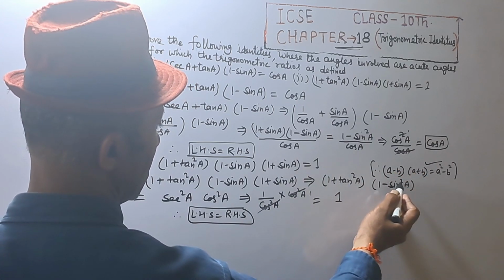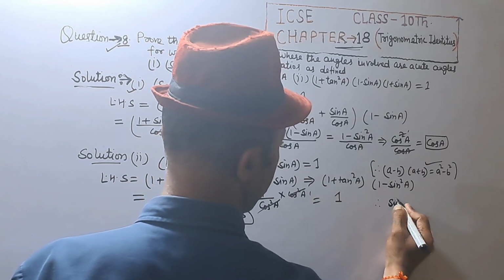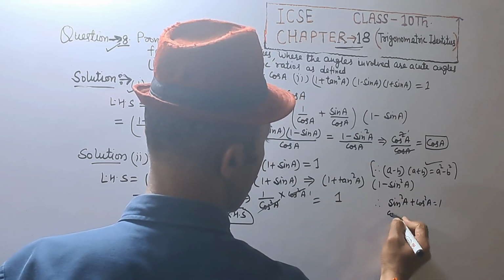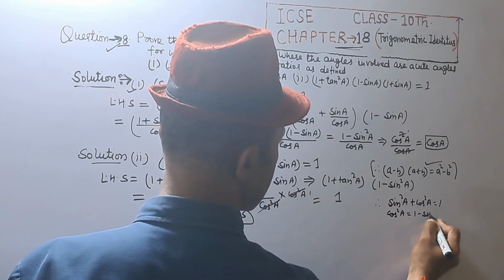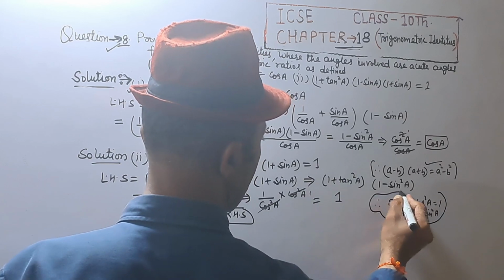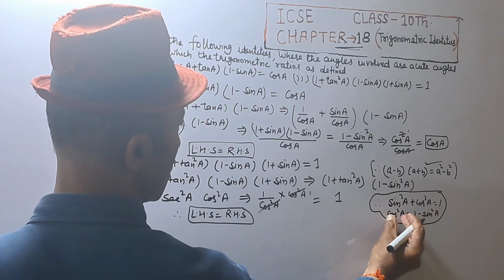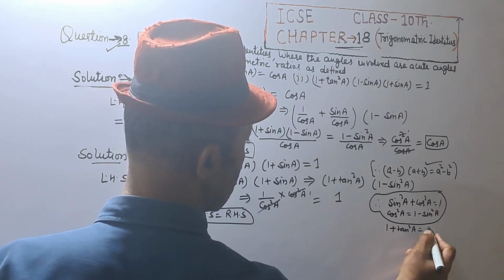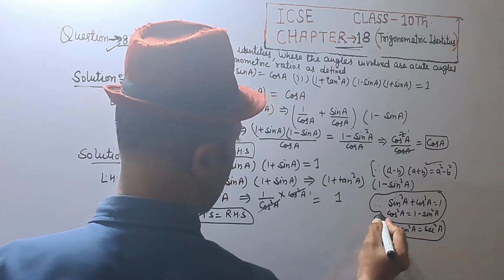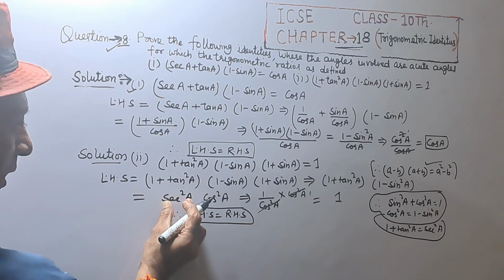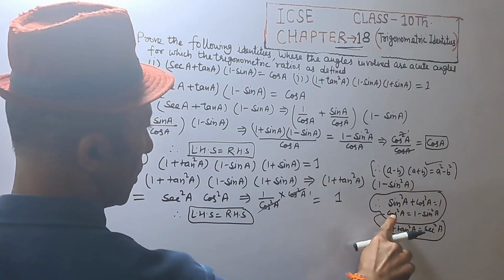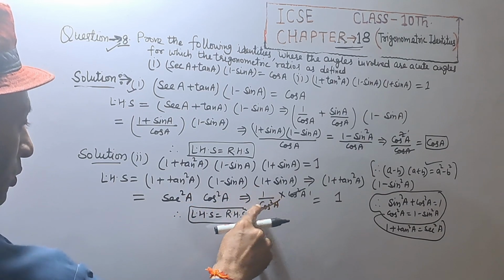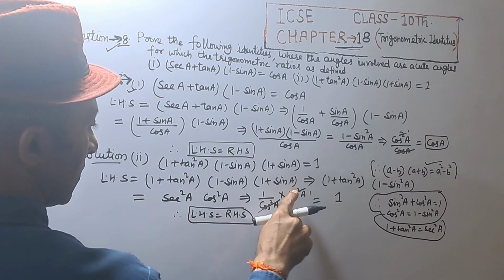1 minus sin square A is equal to, as we know that sin square A plus cos square A is equal to 1, then cos square A is equal to 1 minus sin square A. So 1 minus sin square A is equal to cos square A, and 1 plus tan square A is equal to secant square A. And secant square A is equal to 1 upon cos square A. Cos square A is cancelled and we get 1, that is the right hand side.